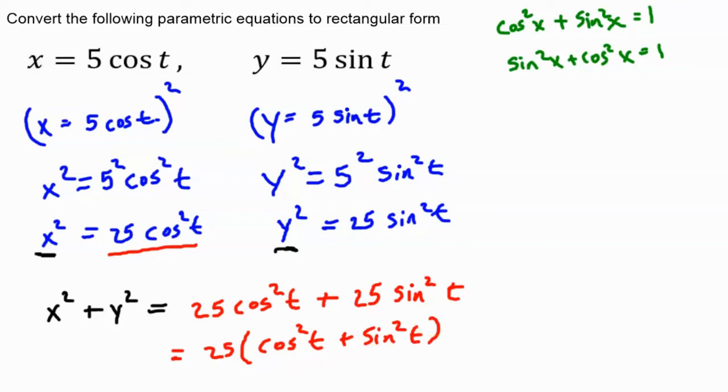And remember, cosine squared plus sine squared, however you write it, is equal to what? It's all equal to 1. So that means that this expression here is basically just 1. So we're writing 25 times 1. So our x squared plus y squared is equal to what we have here.